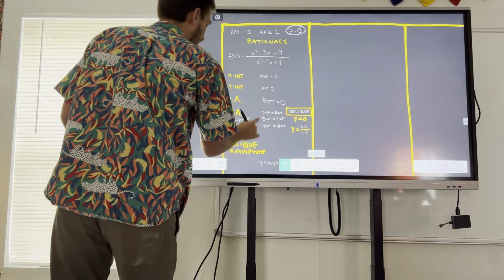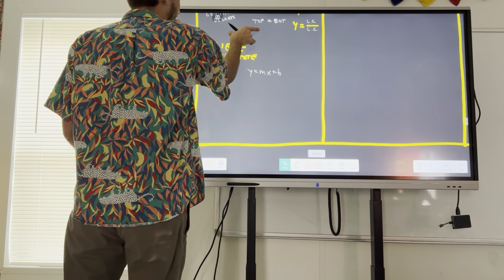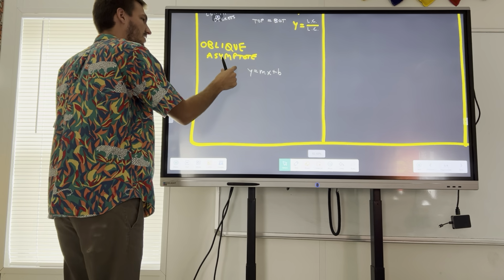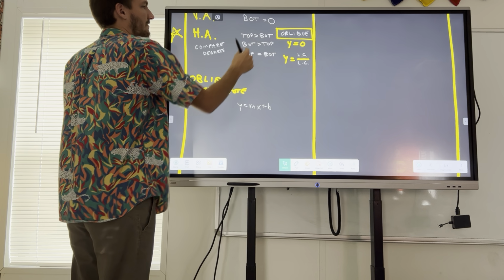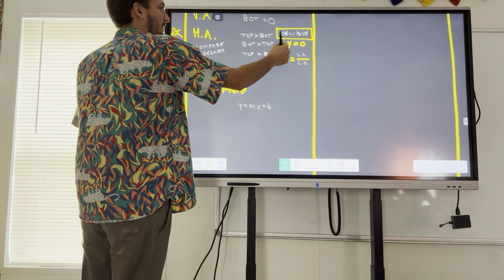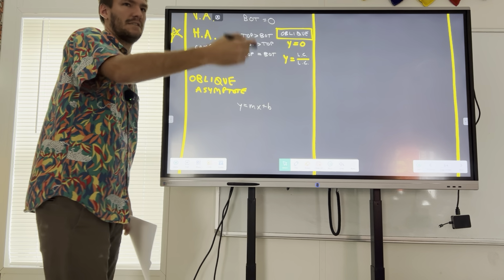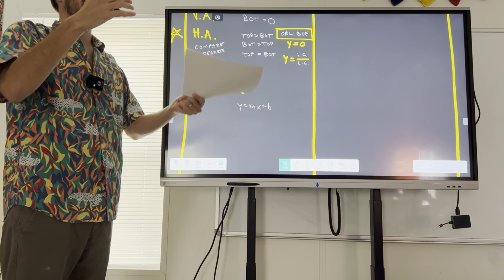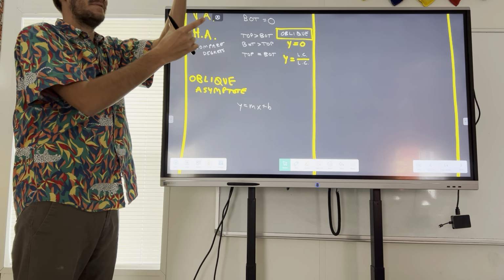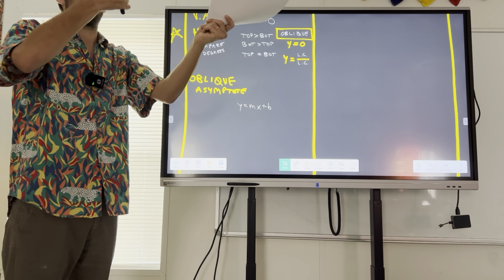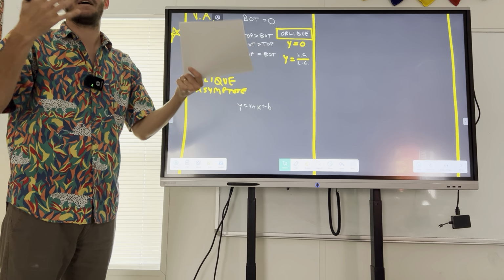Now, for our oblique asymptote, we already saw if the bottom is bigger than the top, the answer is going to be 0. And that makes sense because if your bottom tries to divide into the top, but the bottom's bigger, it's not going to work, right?